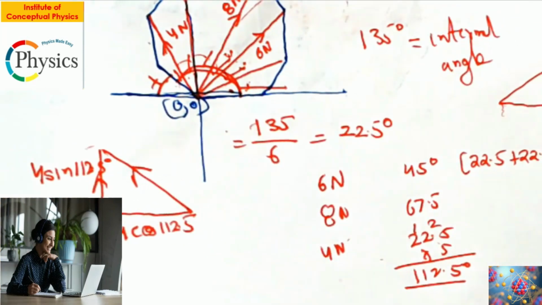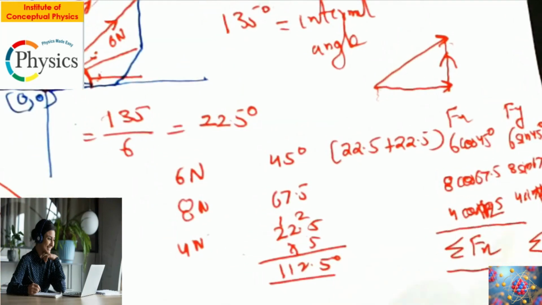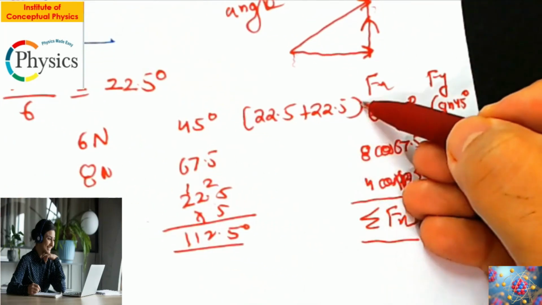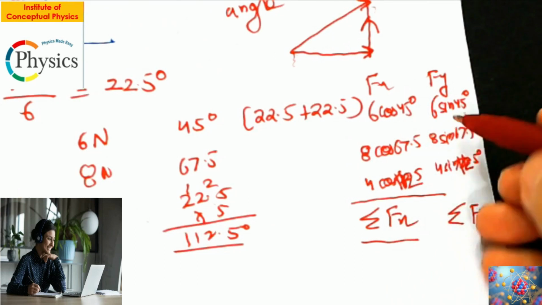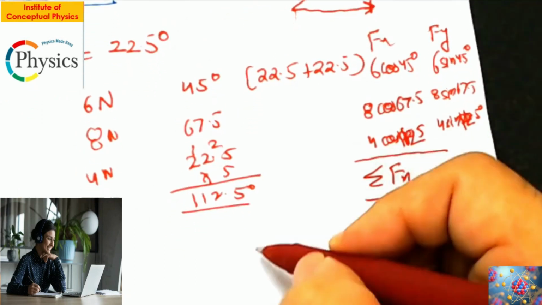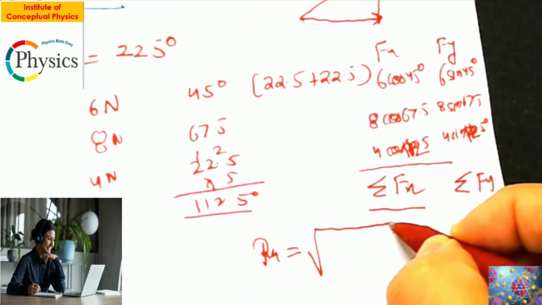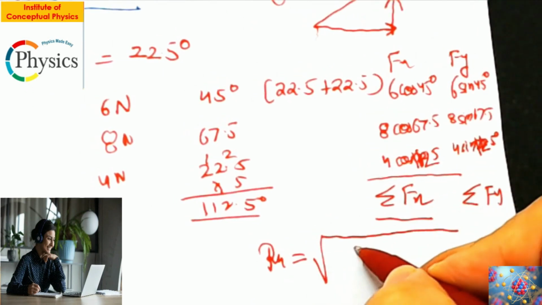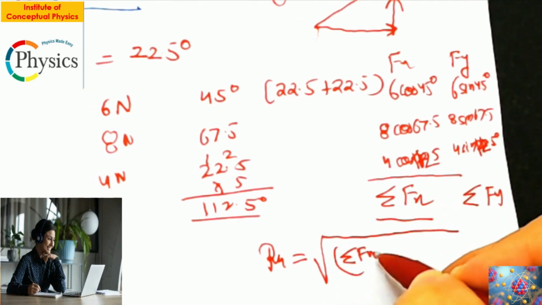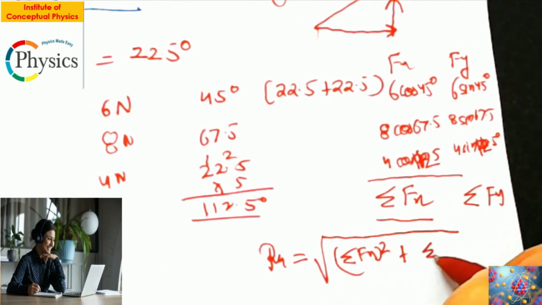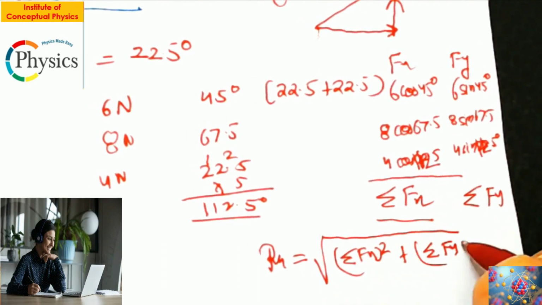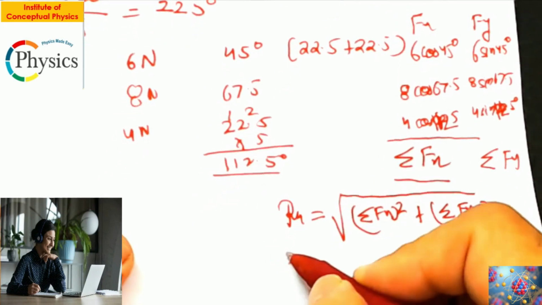Let's do the summation of all the x-axis forces. There are 3 x components: 6 cos 45, 8 cos 67.5, and the third. Then let's do the addition of the y components. Once we have x and y, the resultant is given by the square root of the square of the x component plus the square of the y component. It's purely Pythagoras theorem, as simple as that. This is step number 1.